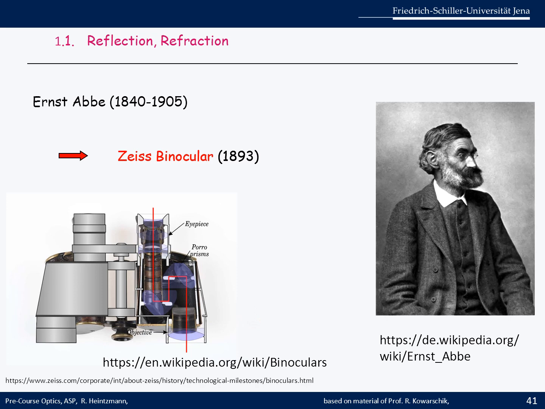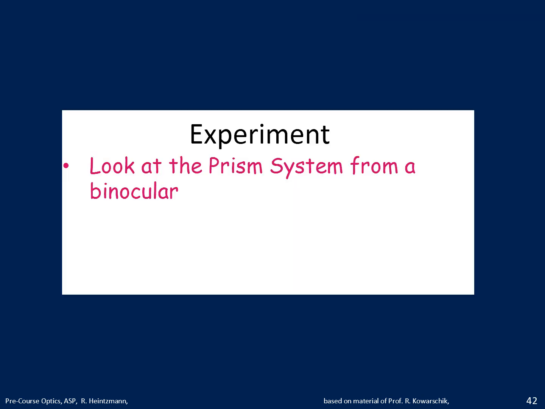It goes in this direction. And then by changing this angle here, you can change this distance, which allows you to adjust the binoculars to your preferred distance between your eyes. So let's look at such a pair of Porro prisms in the experiment.